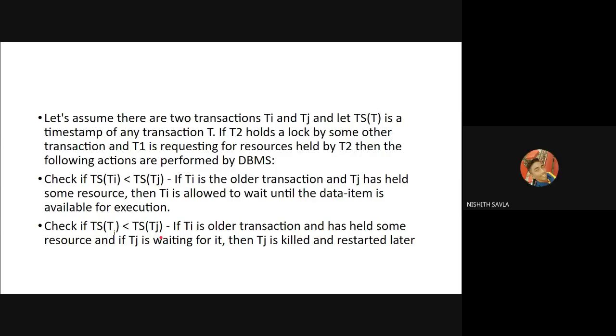In the previous case, I am going to check the timestamp. जिसका timestamp is older, I will be using that. तो Ti का timestamp was older, therefore Ti has to be made to wait. ठीक है? But what is happening in this case? Here also Ti is older, but why is Tj being made to wait? In order to avoid that unwanted waiting or starvation, we have to roll back that Tj.